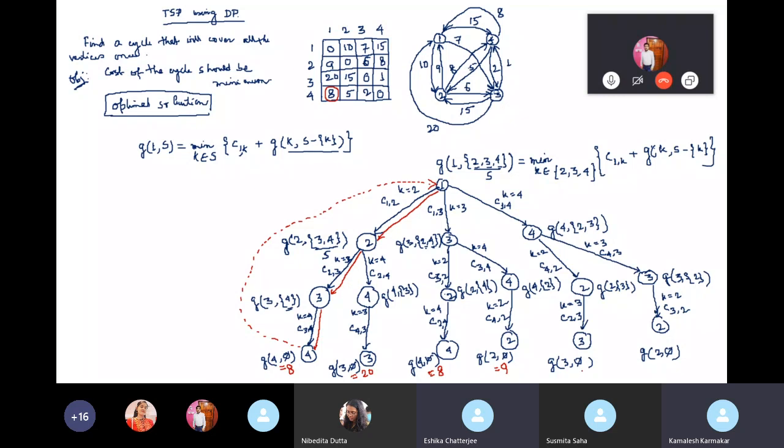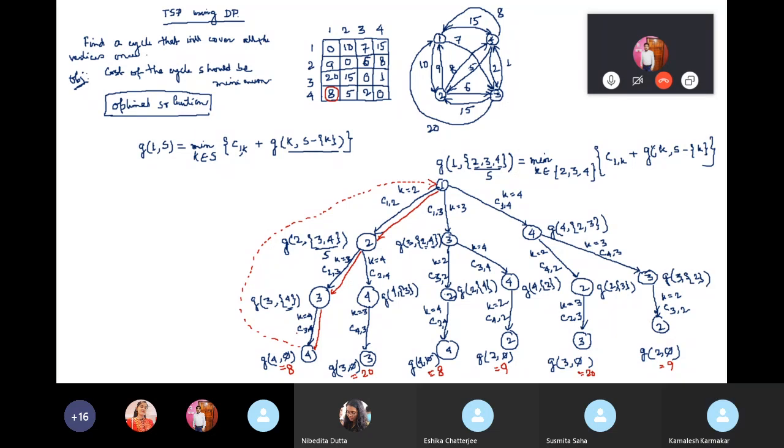G3 to 1, this cost is 20, and 2 to 1, this cost is 9. Okay, put those values. Now, what will be the cost?